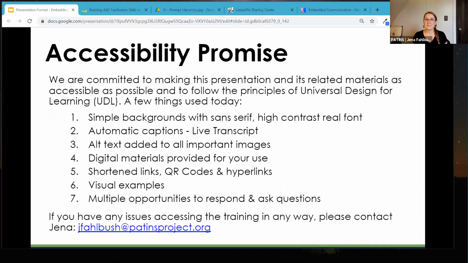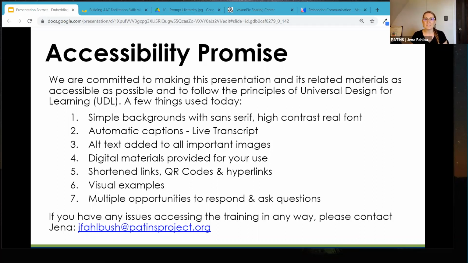We're making an accessibility promise to you today because we want all classrooms and virtual spaces and presentations to be as accessible as possible, following the principles of universal design for learning, which is also one of our themes for today's session. I want to point out some things that we're modeling that you too can do when you're presenting or teaching with your students or presenting to your colleagues.